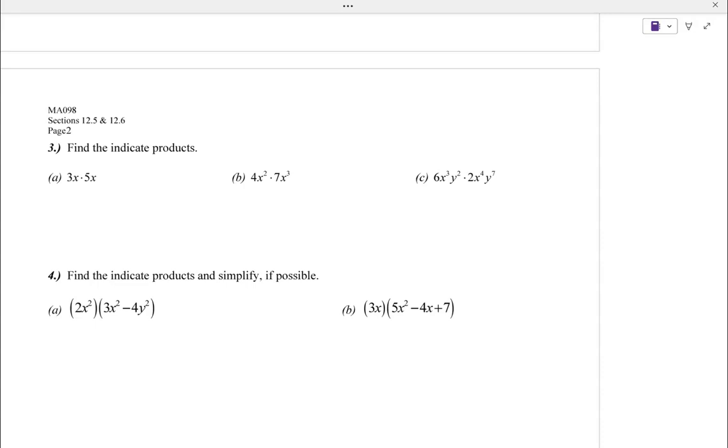When we multiply the 4x squared and the 7x cubed, what are you going to end up with? 28, good, for the 4 times the 7, and then x to the... Yeah, so remember we have to add those exponents, right? So we'll get x to the 5th there. We'll multiply the coefficients and we'll add the exponents together.